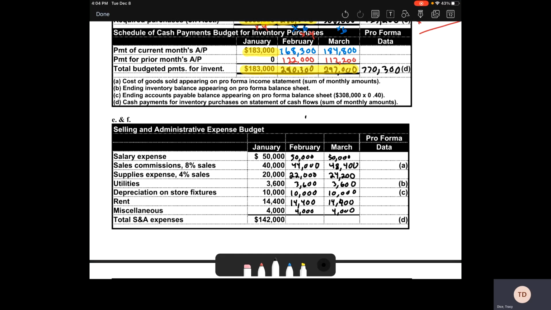All right, so now we've got to add all these up to figure out our total in selling and administrative expenses each month. All right, so for the month of January, we're going to find it's $148,000.